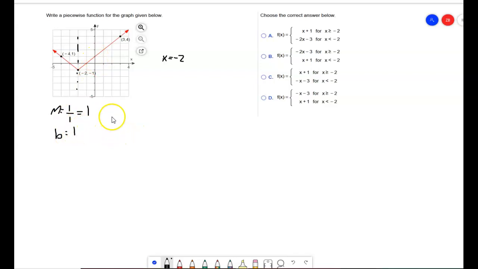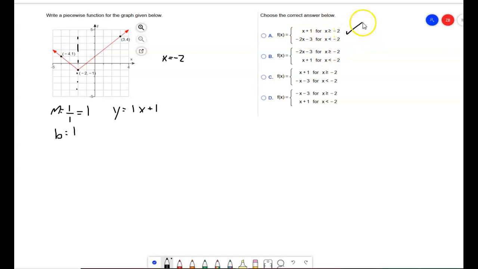So if I were to write a function for that, I could say y is equal to 1x plus 1. And that is true when x is greater than -2. So x is greater than -2, x plus 1.